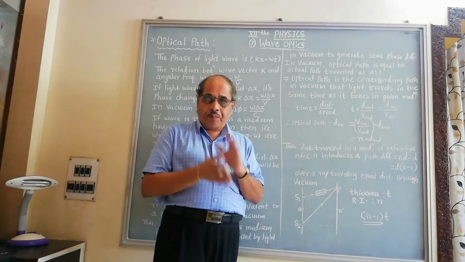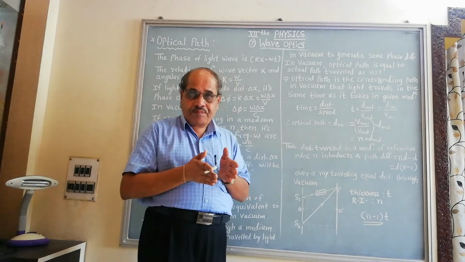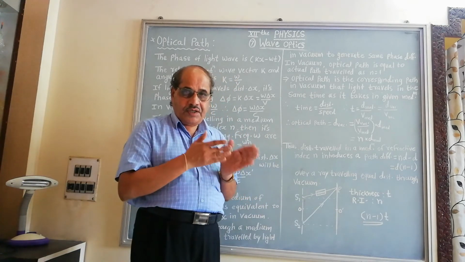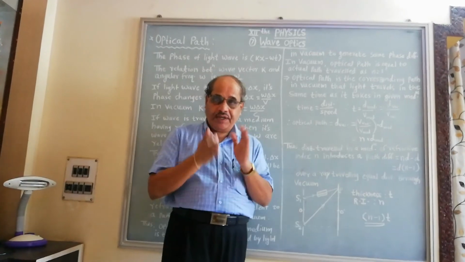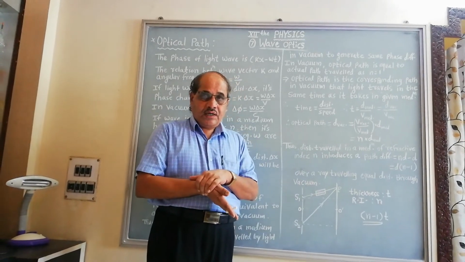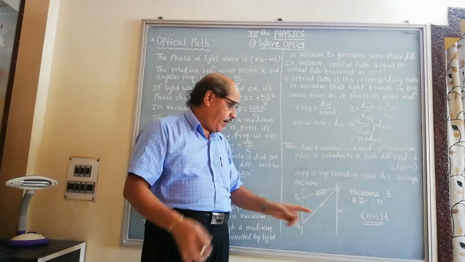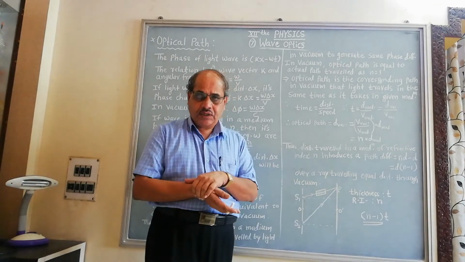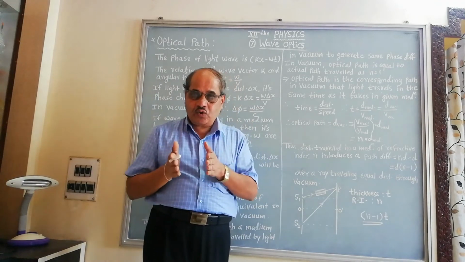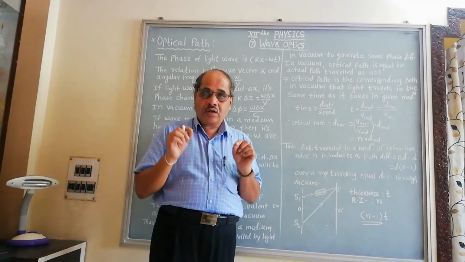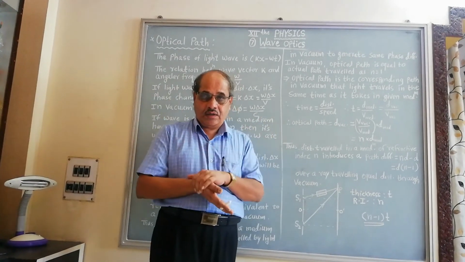Thus, the optical path lengths of these waves, and therefore the phases of the rays reaching the midpoint O dash from S1 and S2, will not be equal.